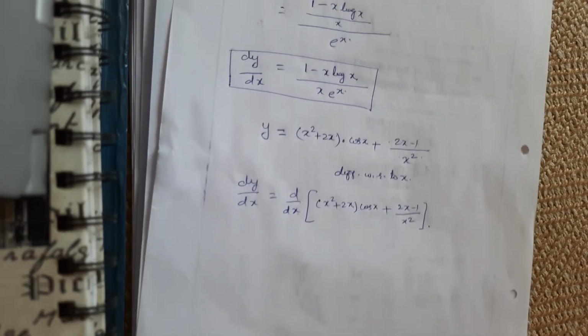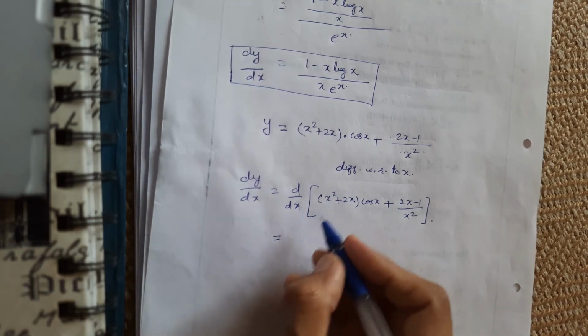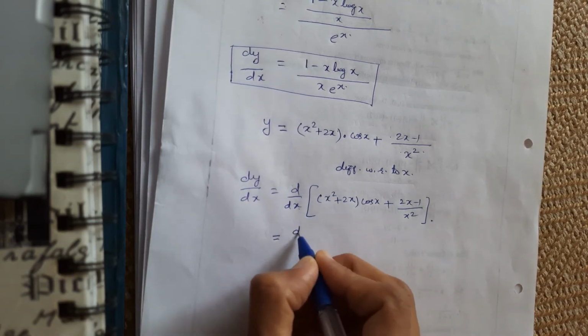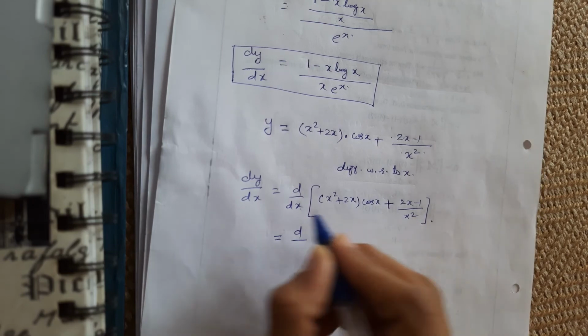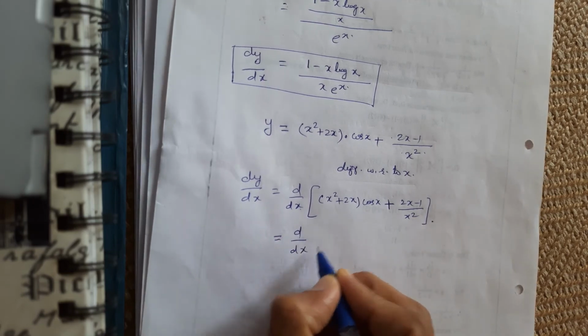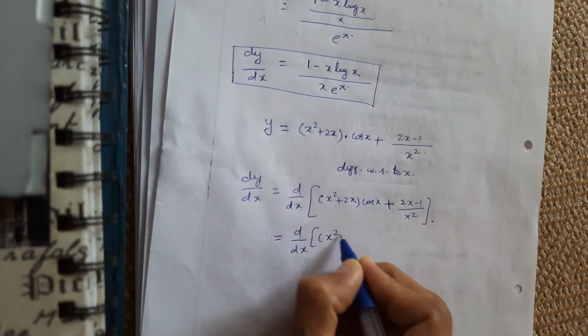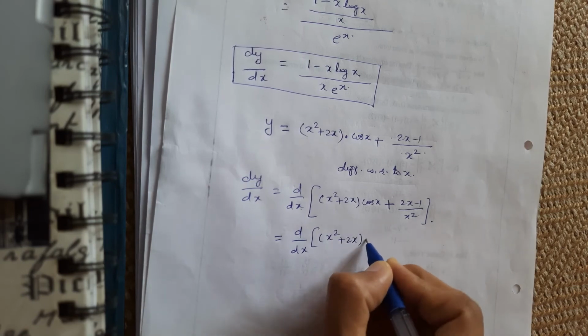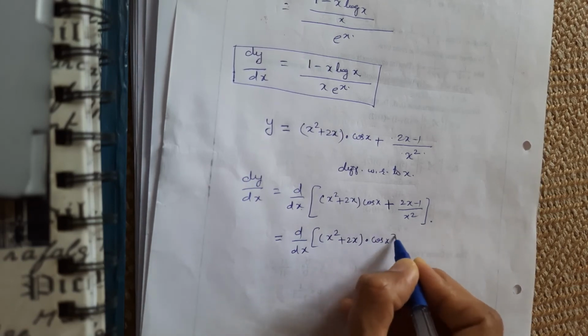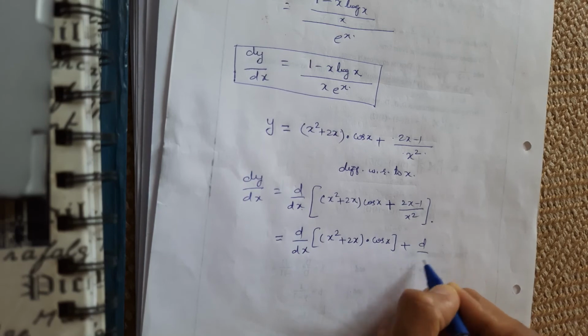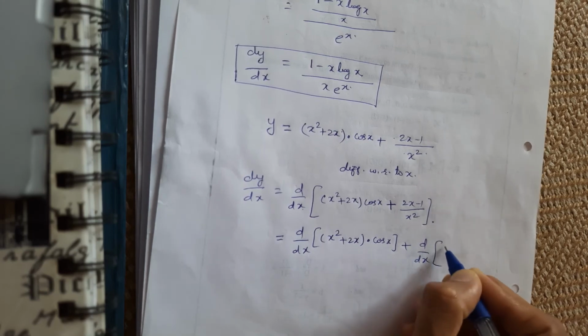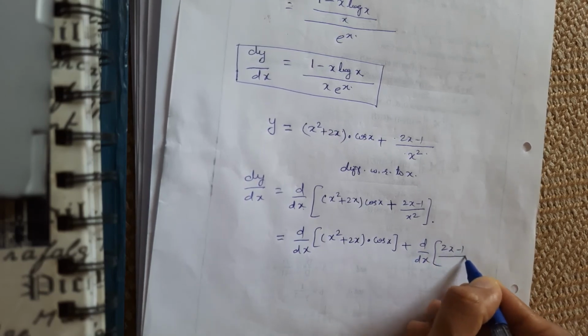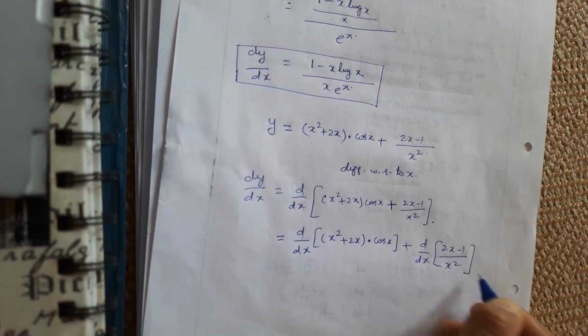Now, since the plus sign is there, I am just separating the derivative: d/dx of x square plus 2x into cos x, the first term, plus d/dx of 2x minus 1 upon x square.